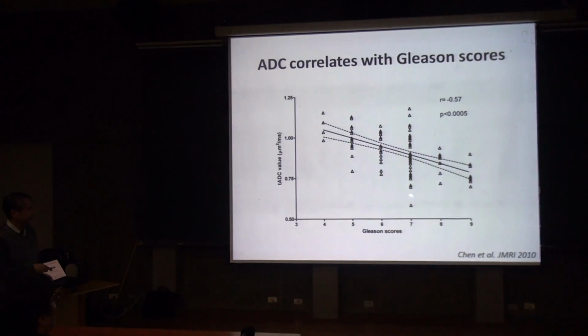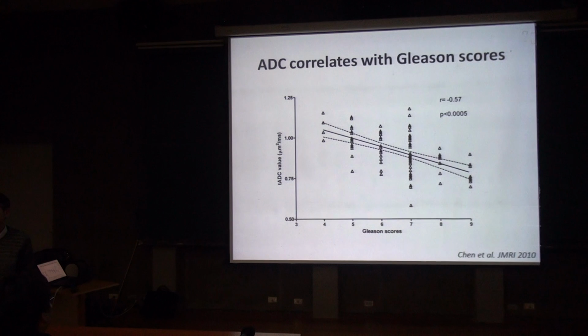And we do the correlation between the ADC of the cancer tissue and the Gleason score. Gleason score is a pathological scoring system. It ranges from 1 to 9. 1 means actually very benign, and 9 means the cancer cells are very aggressive.